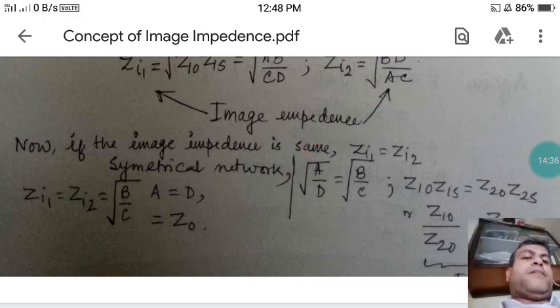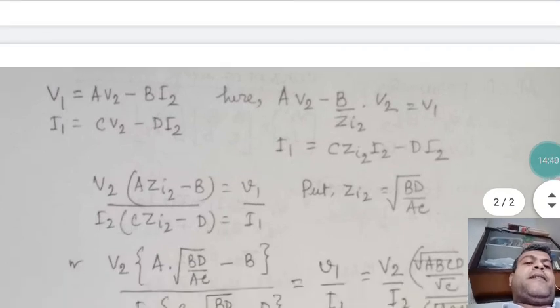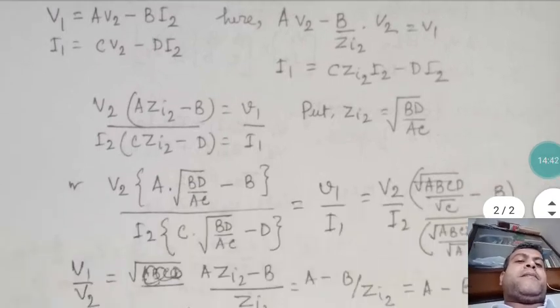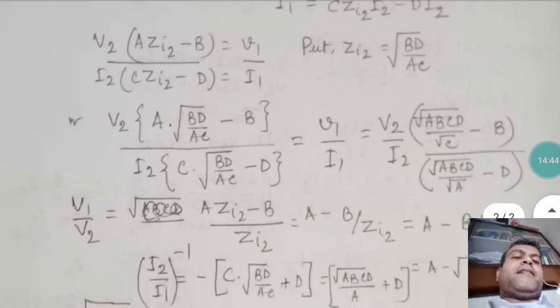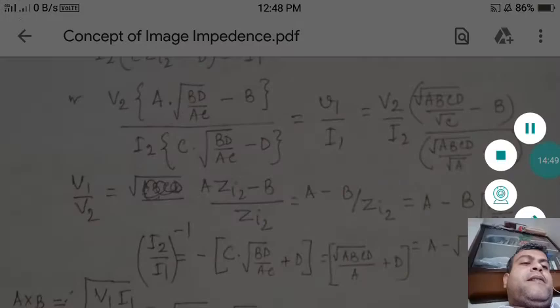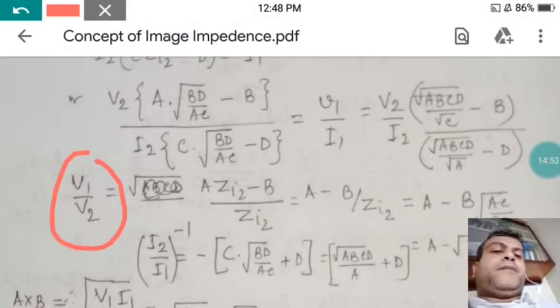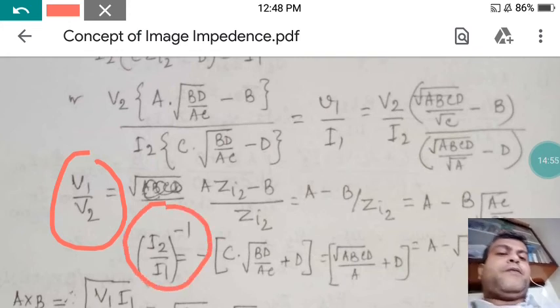On the next part, I calculate that theta, the complex number part. Here I have expressed V1 by V2 from this equation. From this equation I noted V1 by V2, and from the second equation I noted I2 by I1.